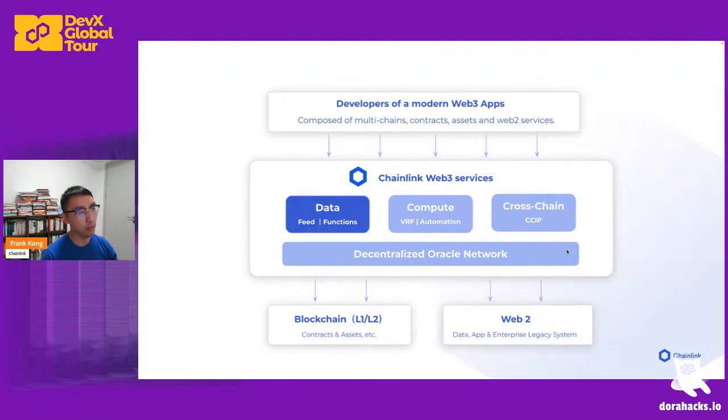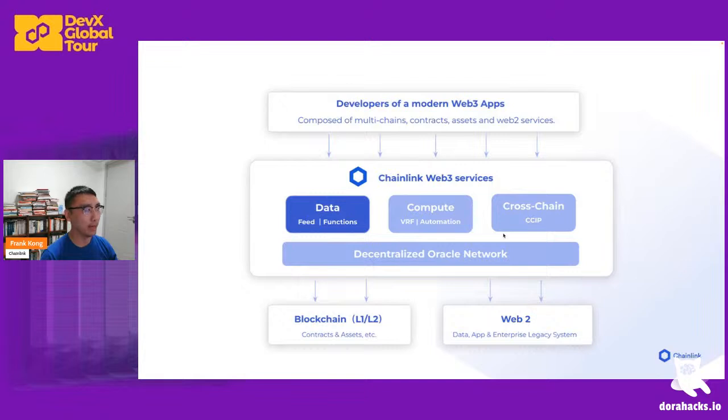So in today's workshop, I'm going to first introduce the data services, because I want everyone to understand what a DON is and how a DON helps to secure the data fetched from the off-chain world to the on-chain world. And with the basic understanding of the DON, we can move to cross-chain. And this is also the focus of tonight's workshop, CCIP.